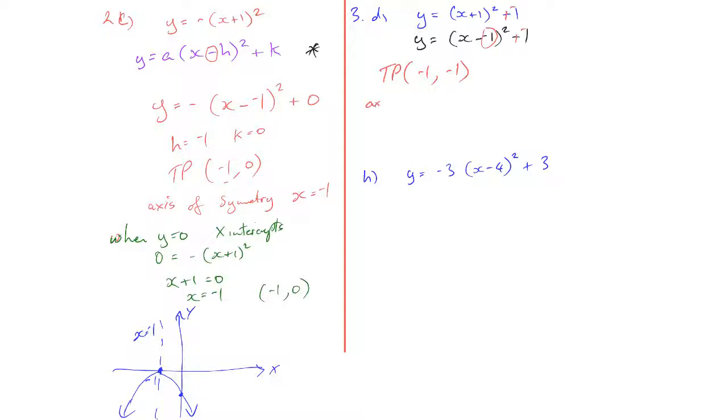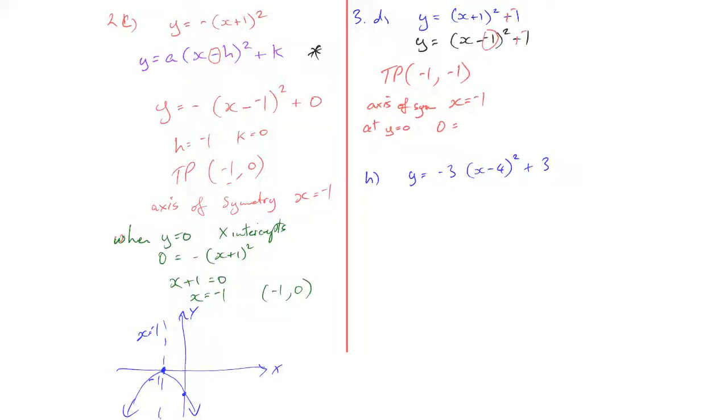My axis of symmetry is x equals -1. And the last thing to do is the x-intercepts, if any. So at y equals 0, I end up with 0 equals (x plus 1) squared minus 1. I need to expand the brackets: x squared plus 2x plus 1 minus 1.